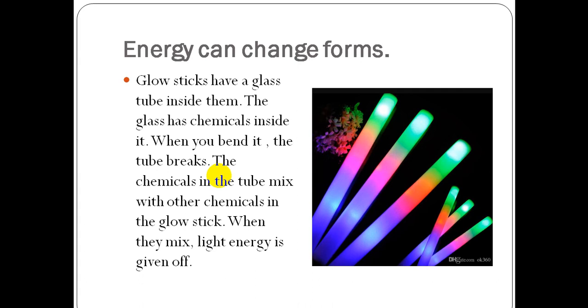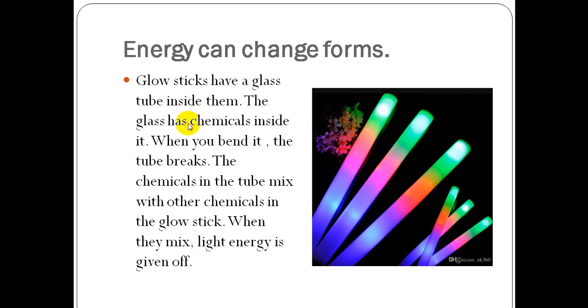Glow sticks have a glass tube inside them. This outer one is soft, you can bend it. But inside it, there is a glass tube. This glass tube has some chemicals inside it and other chemicals outside it.